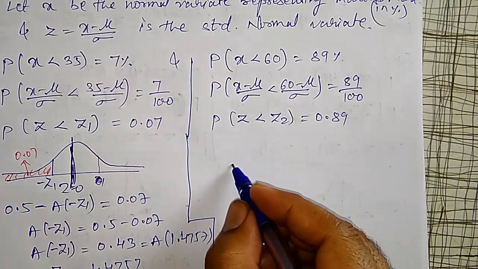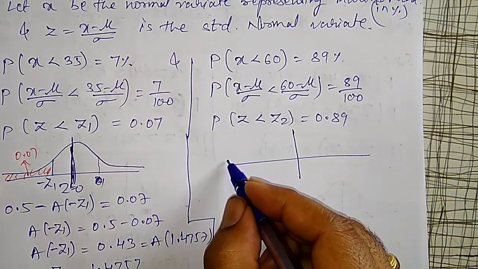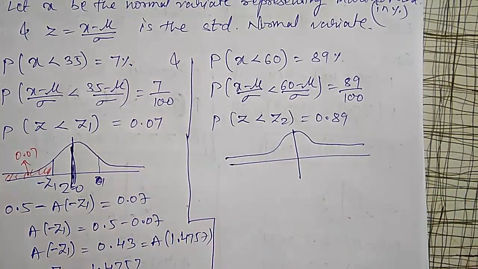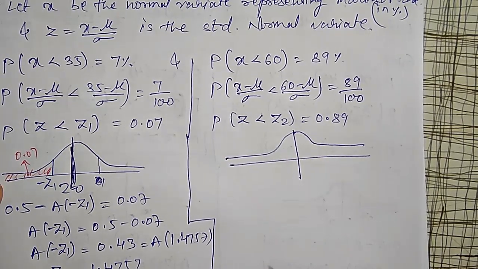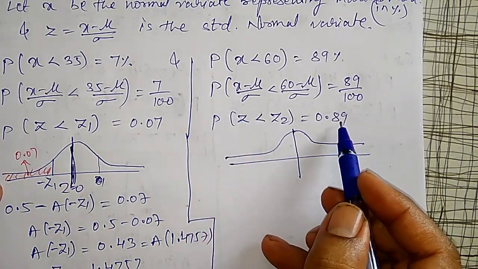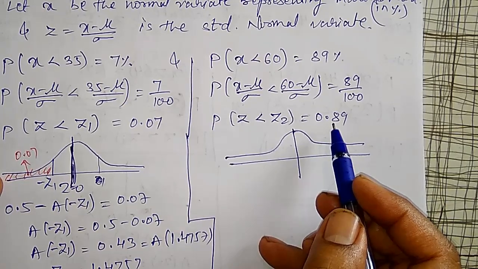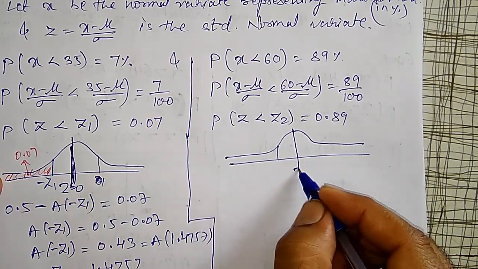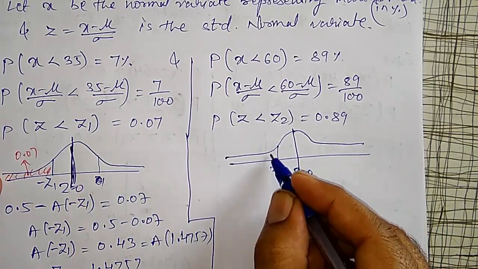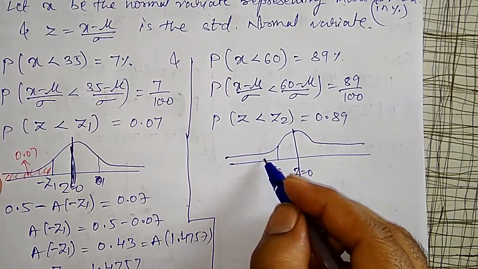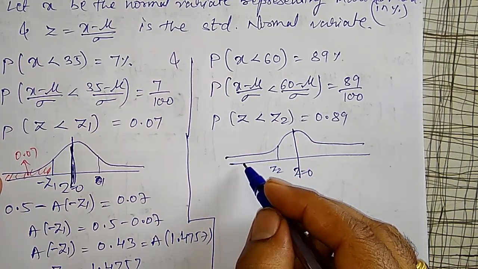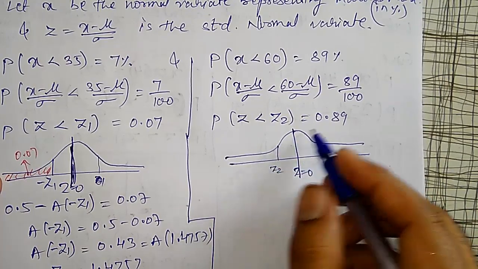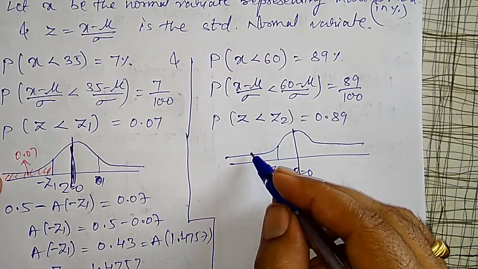Here again, this area can be represented using the bell shaped curve. Okay, here the total area is 0.89, which is more than 0.5. If I am using z2 on the negative side, then z less than z2 is less than 0.5, so it is not possible to get an area equal to 0.89.